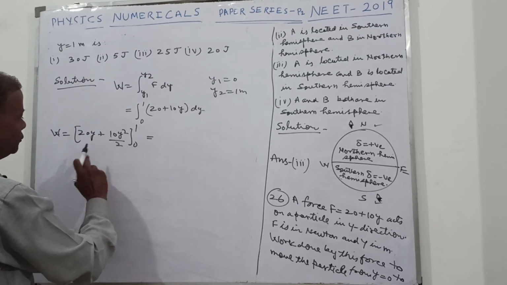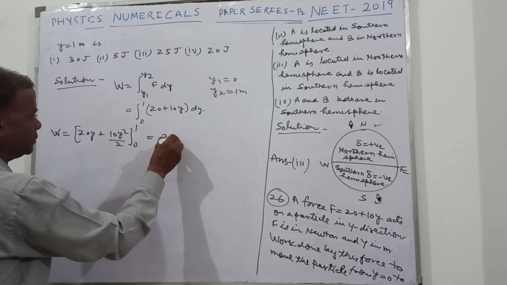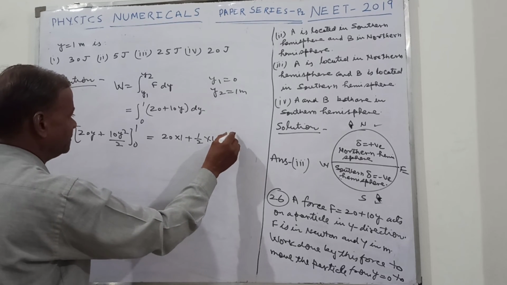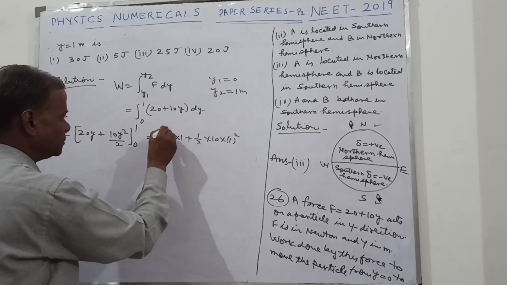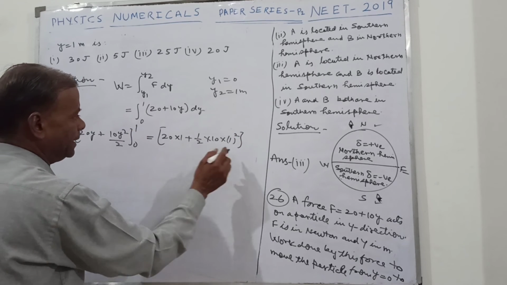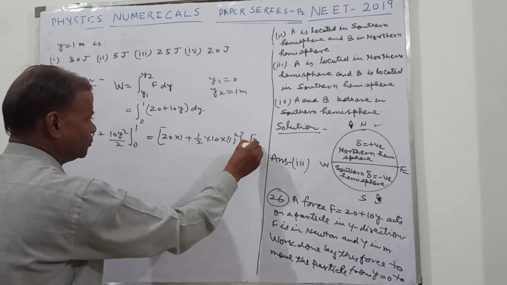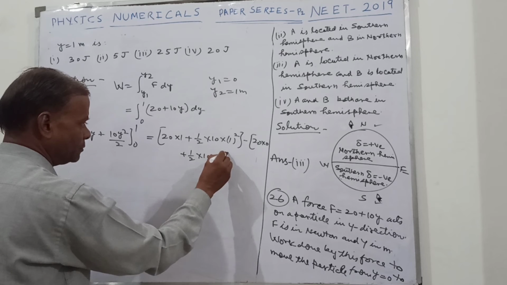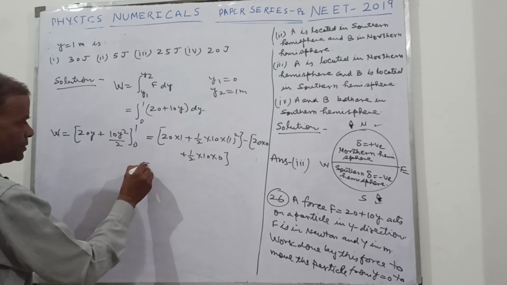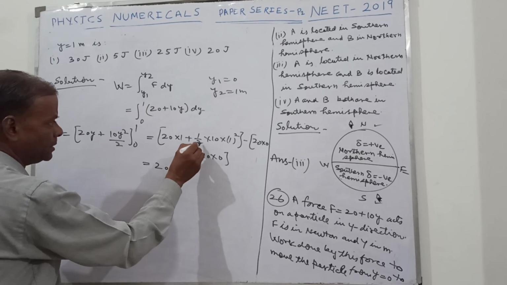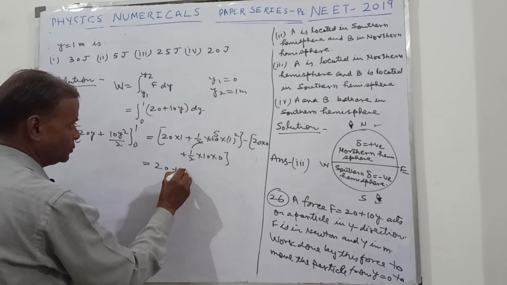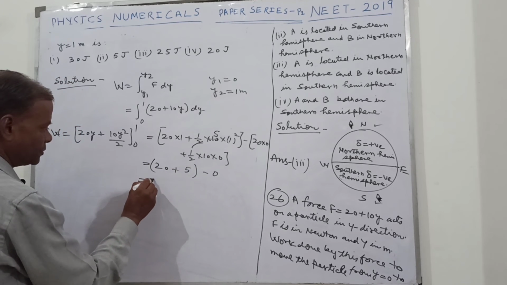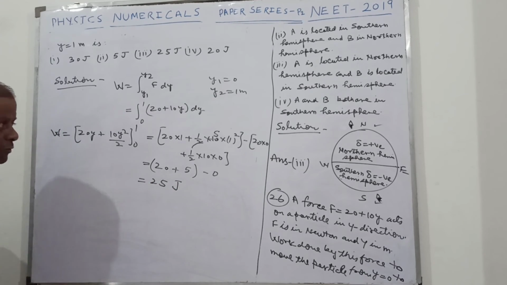So for 0 this will be 0. For the upper limit, this is 20 into 1 plus 1 by 2 into 10 into 1 square, and for 0 this will come out to be 20 into 0 plus 1 by 2 into 10 into 0, which is 0. So this is 20 plus 5, so this is now 25.